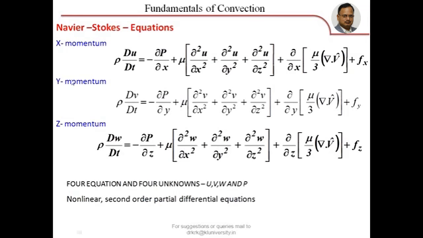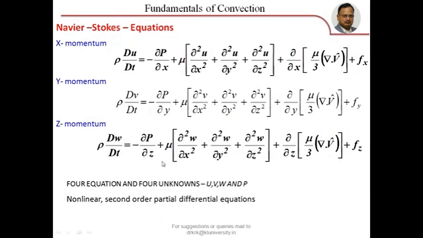If you consider all the other terms, you will get the momentum equation in the x direction like this, in the y direction like this, and in the z direction like this. These three equations are famously known as Navier-Stokes equations.